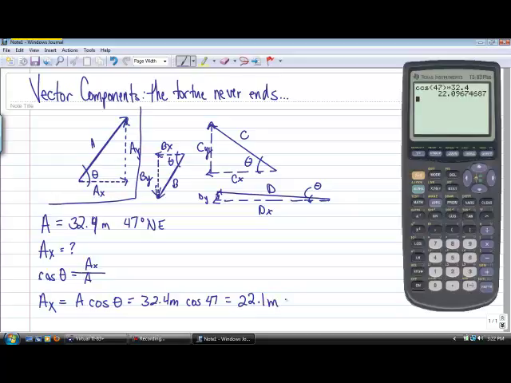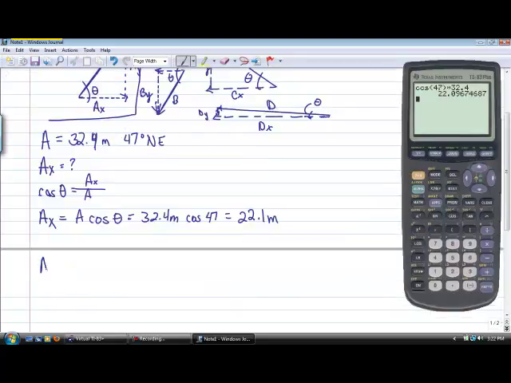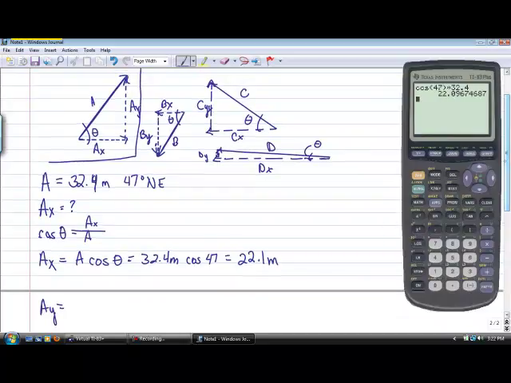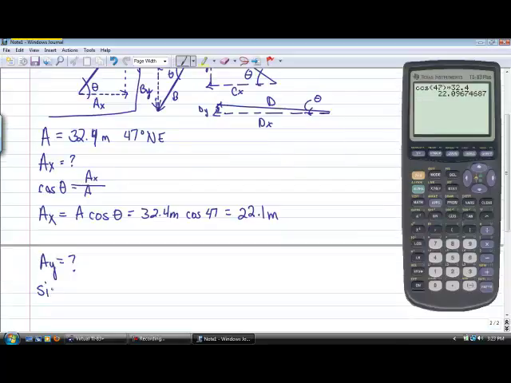Now I need to find A sub y. If you look at our picture, that is opposite of theta, so we're going to use sine. So sine of theta is equal to the opposite, which is A sub y, over the hypotenuse, which is A. I'm looking for A sub y, so I'm going to solve for A sub y. A sub y is equal to A times the sine of theta. Now put my numbers in.